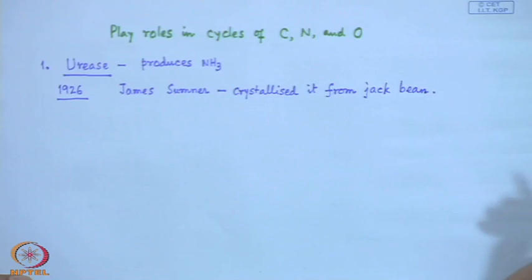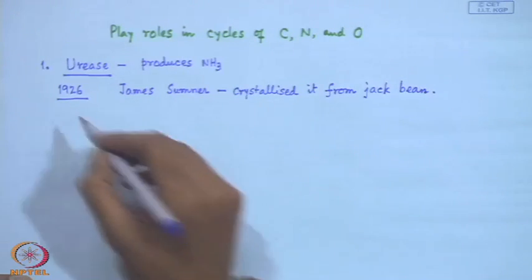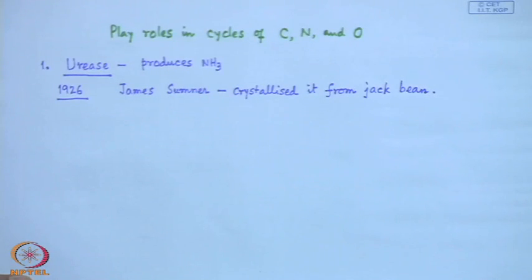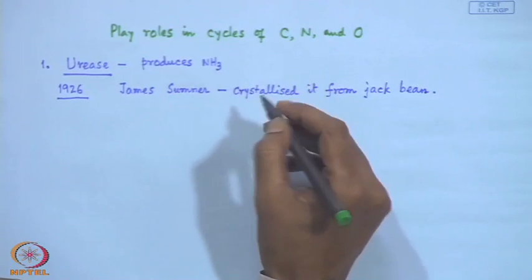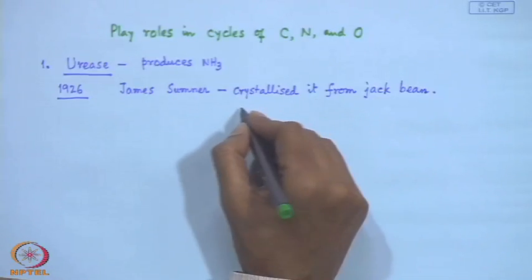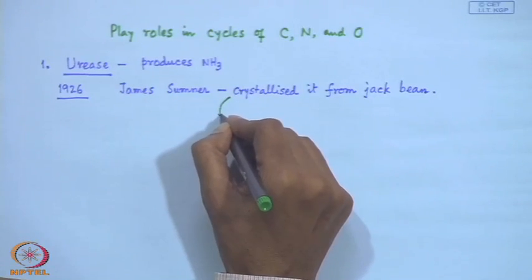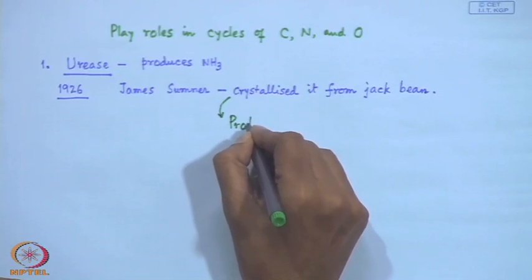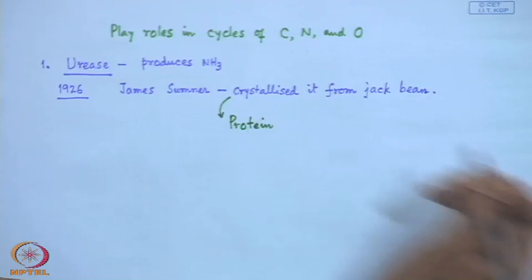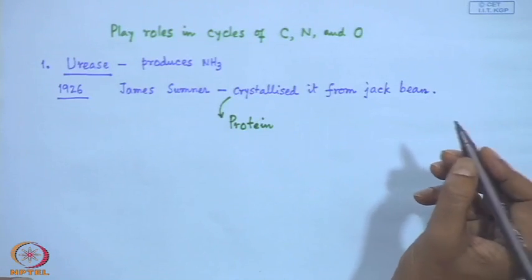In that particular time, 1926, he had no idea, no clue related to its corresponding property, but only the crystallization of the protein. That it was a metal bearing protein was not known at that time. So, he could crystallize some protein at that time.